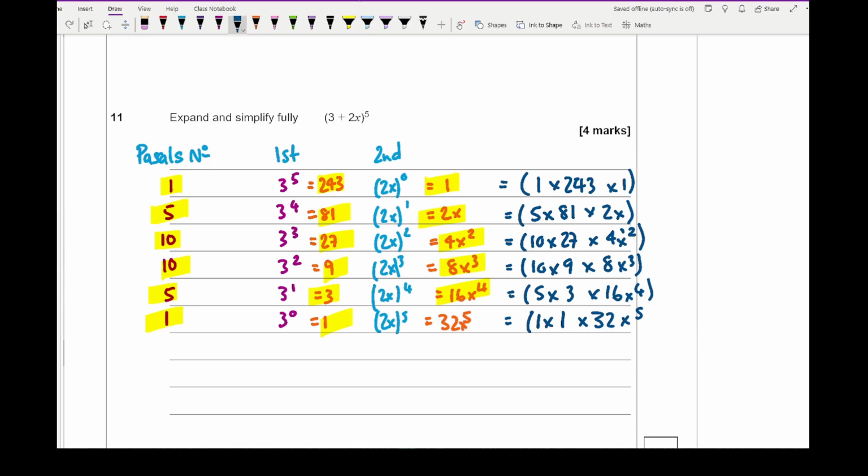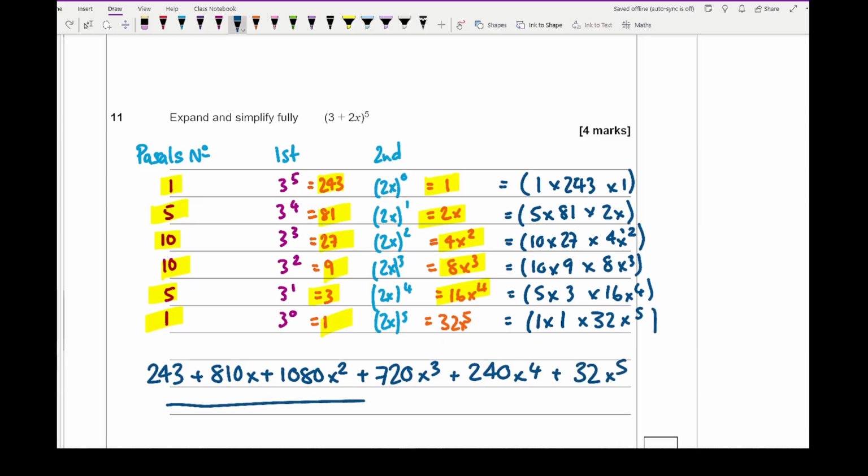And so expanding all of that and simplifying it, we should end up with a final answer of 243 plus 810x plus 1080x squared plus 720x cubed plus 240x to the power of 4 plus 32x to the power of 5. And there is my final answer.